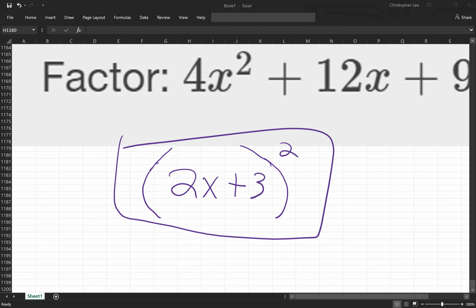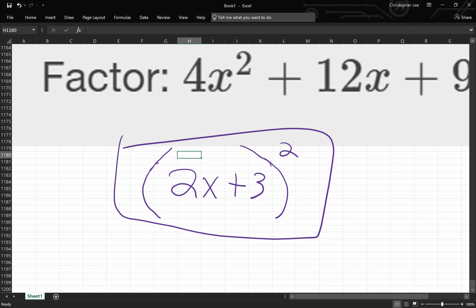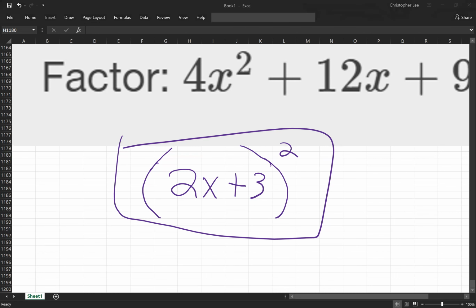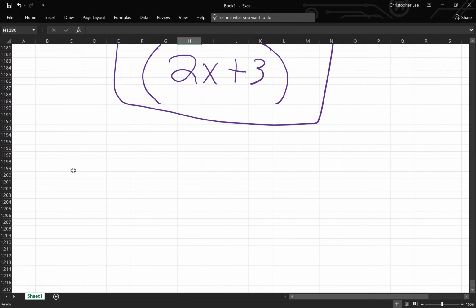No, this is the trick. But if you did the AC method, you should get the same answer. The exact same answer. Only reason I'm going through this a little quickly is because of time.